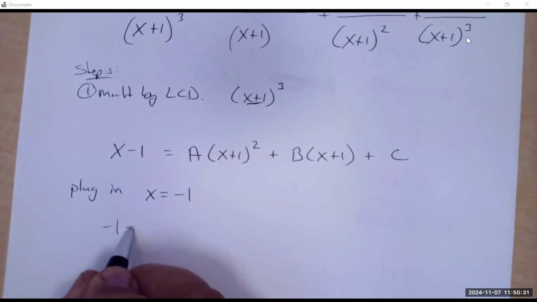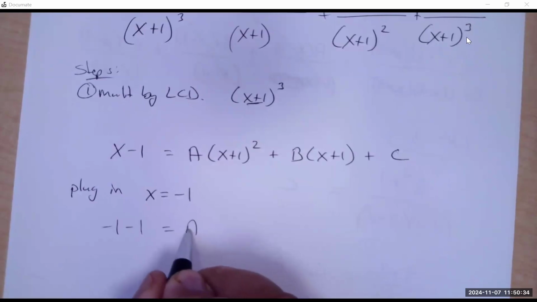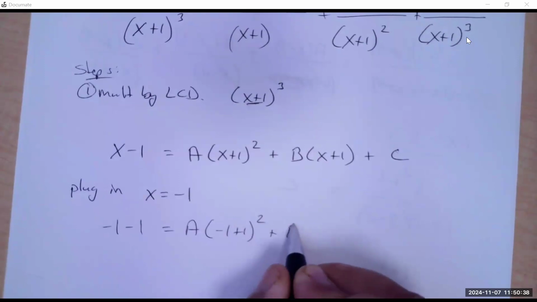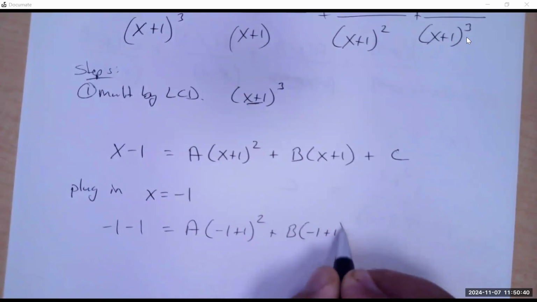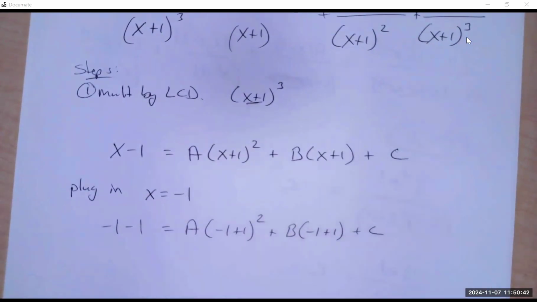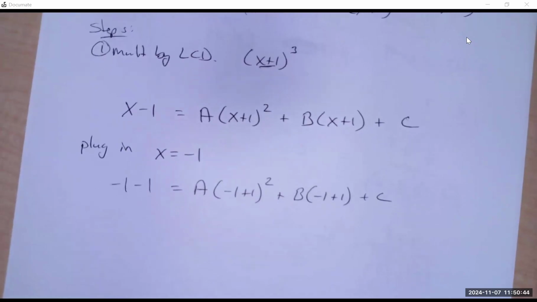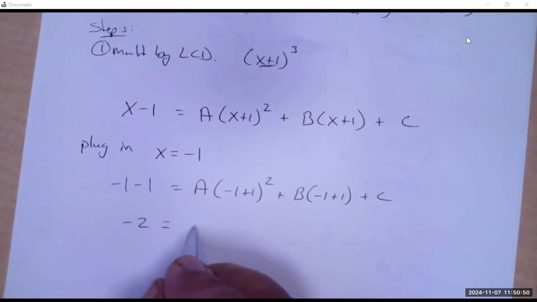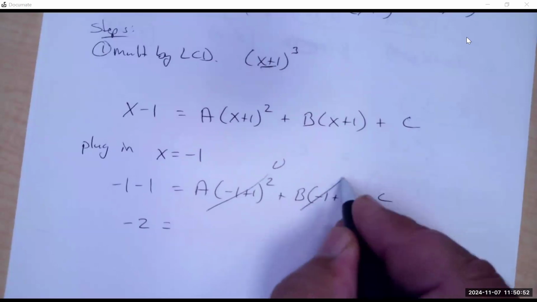We got -1 minus 1, -1 plus 1 squared, -1 plus 1 plus c. So it's -2 equals c, that's 0, that's 0.